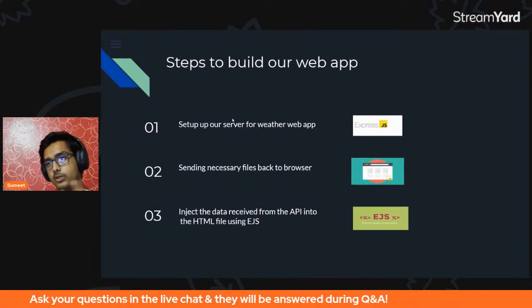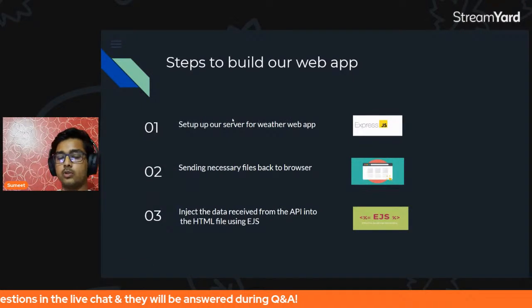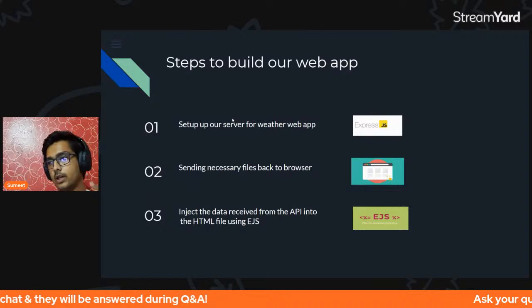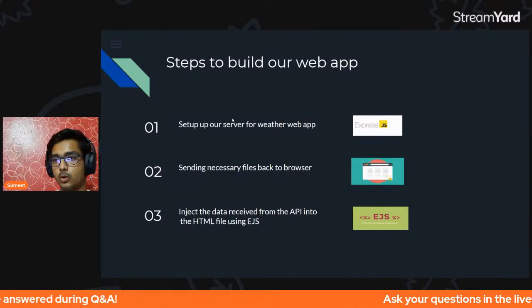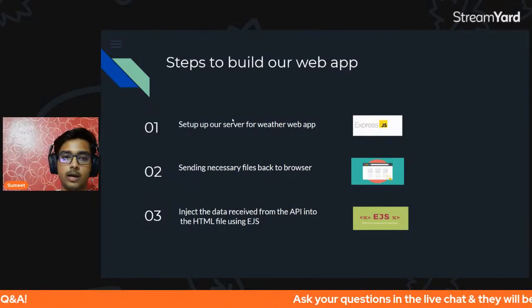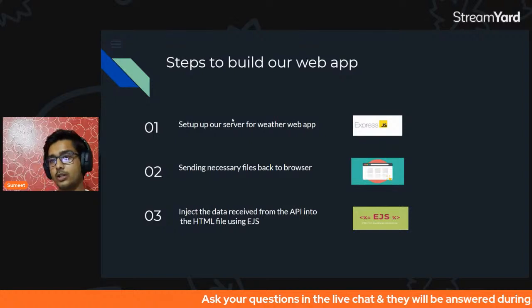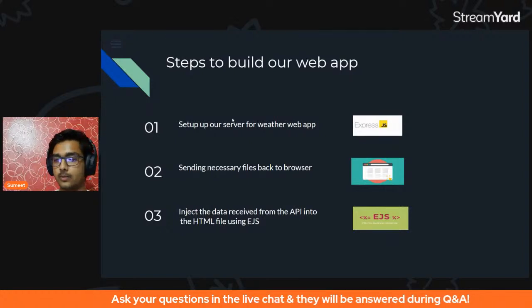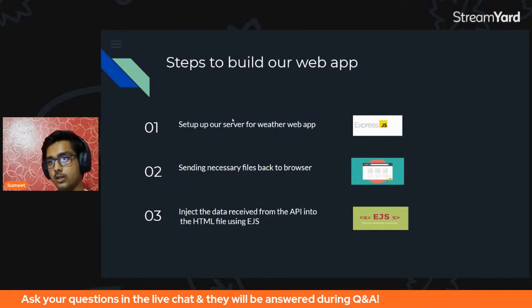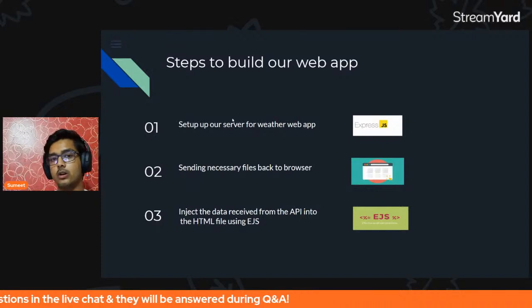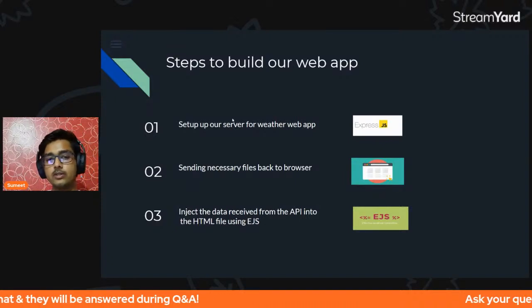Now, before starting this building process, I need to tell you something. We are dividing this whole practical session into two parts. In the first part, we are going to set up our server. We will see how to set up the server. We will see the basic syntax of Node.js and Express.